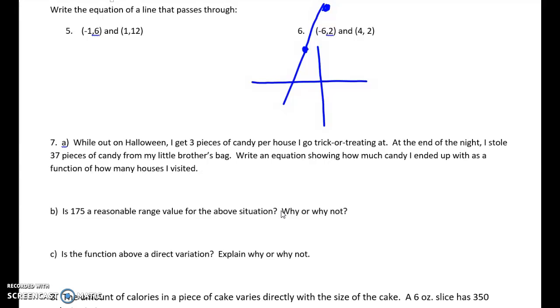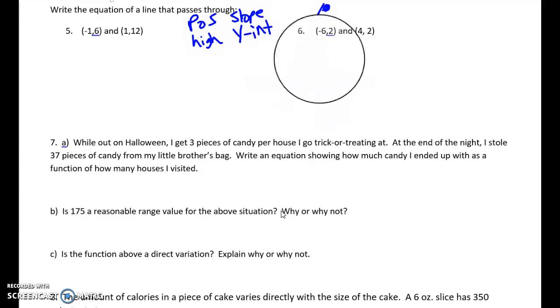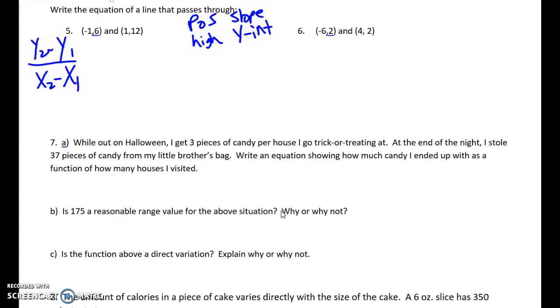So, positive slope and a high y-intercept. That's what I know I'm expecting for my equation. So, if I don't get that, something went wrong. First slope formula, y2 minus y1 over x2 minus x1.